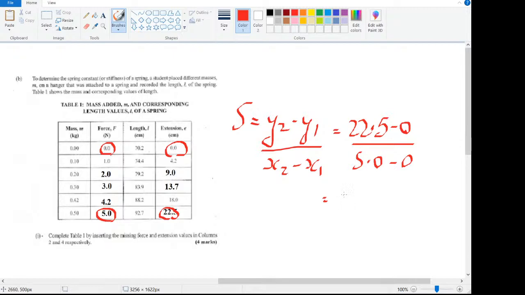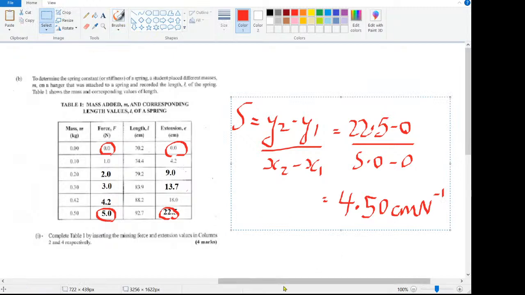So about 4.5, but that will change according to what values you use here. I just pick from the table. As I say, I'm being a lazy man here. So you need to put a unit. The unit here is cm per Newton, or cm/N, because remember, it's extension versus force. I assume that's a mark. So that's the slope there.